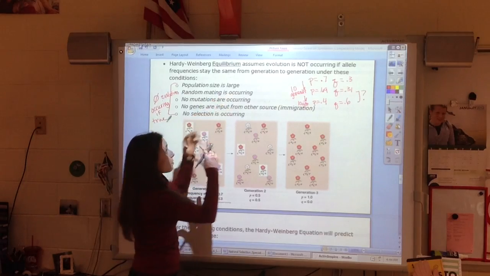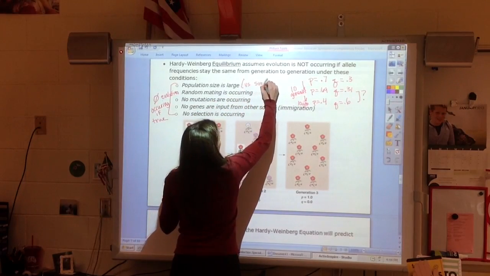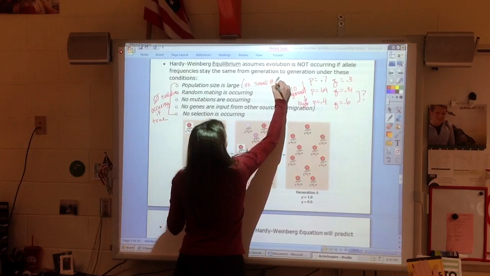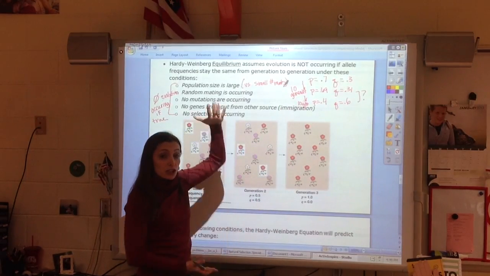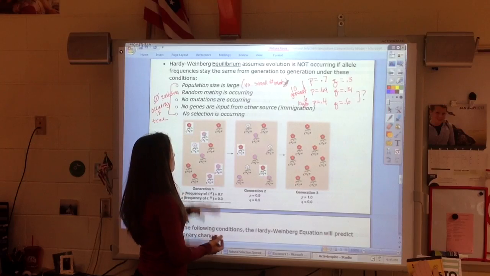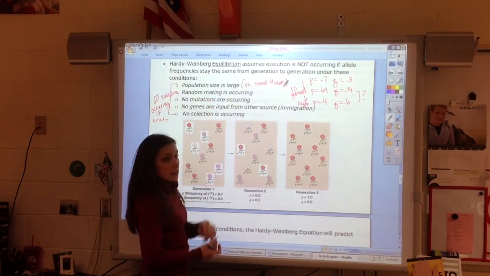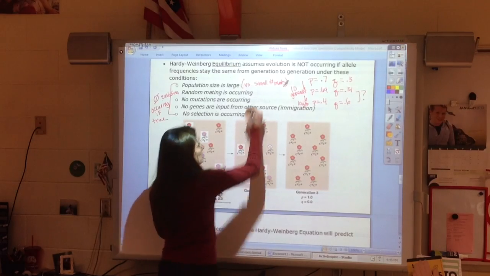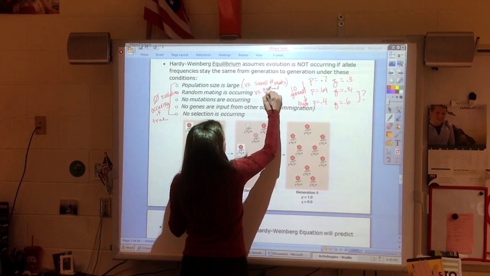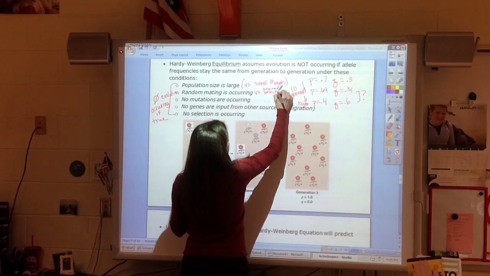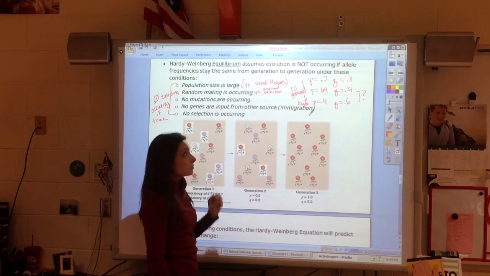So it could be that I don't have a large population size. That means there's a small number of mates. If I have a small number of mates, we're going to see much more variation in the allele frequencies. When Hardy-Weinberg is at equilibrium, random mating is occurring, versus sexual selection, which would cause changes in the allele frequency.